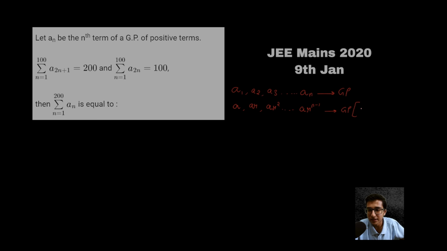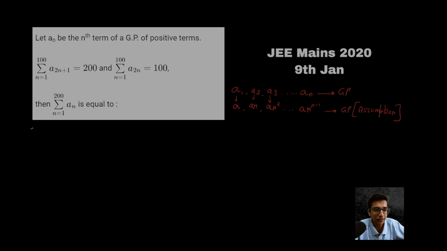We are assuming this is our GP. So here A1 would be equivalent to A, A2 would be equivalent to AR, and A3 would be equivalent to AR square.